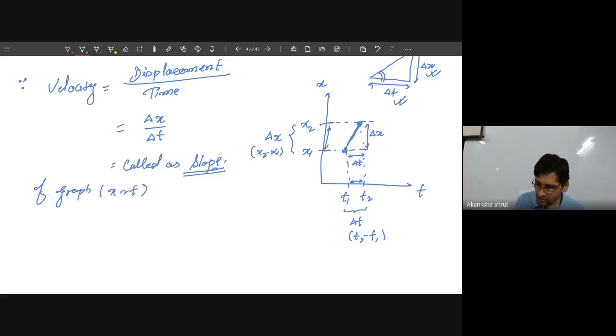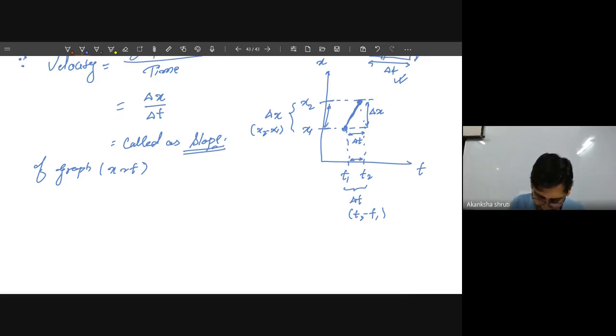Therefore, slope gives the velocity. That is one thing we have to look at. This slope is nothing but the inclination with respect to the horizontal axis.